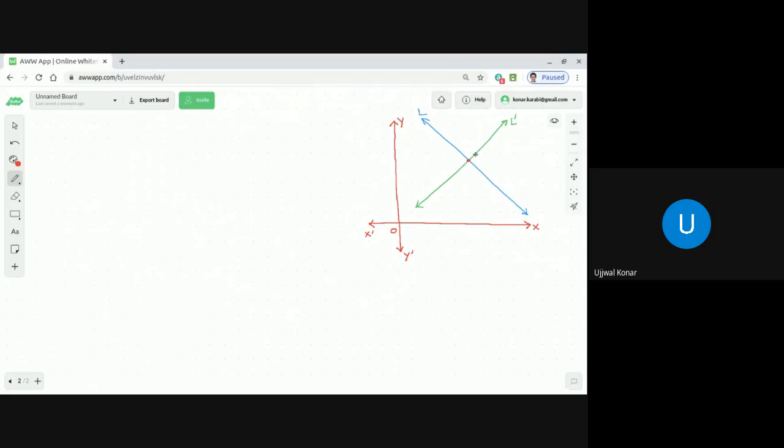Now we know the equation of the straight line L, correct? What is the equation of the straight line L?